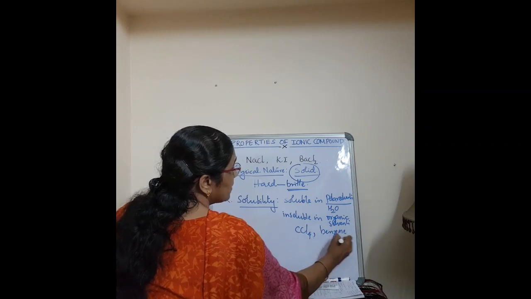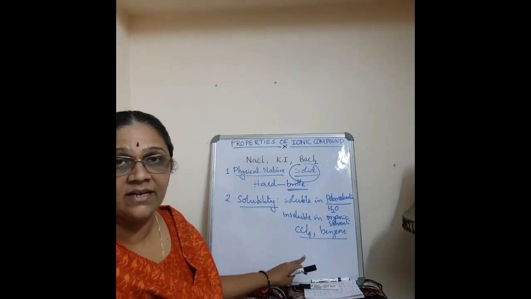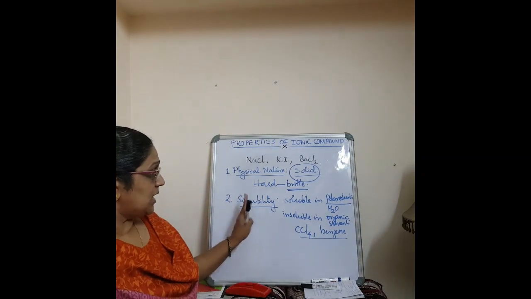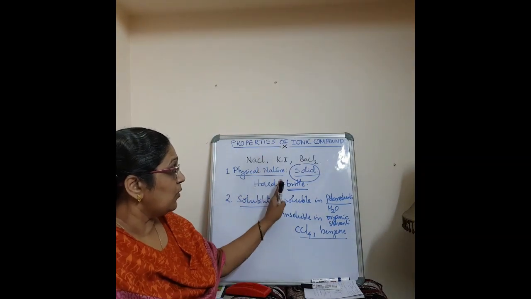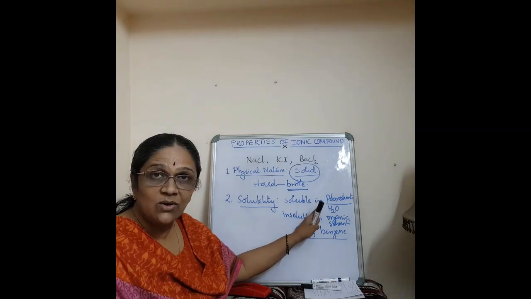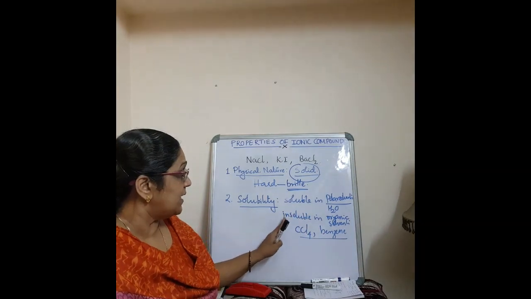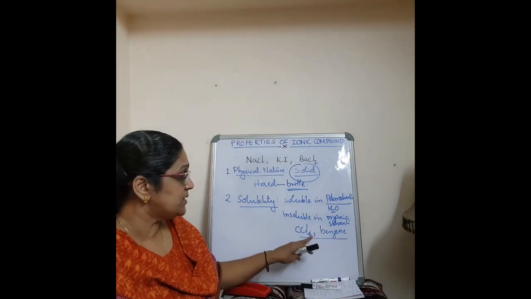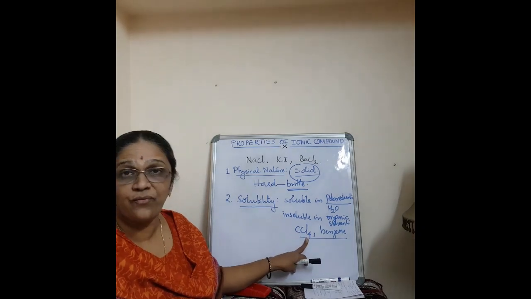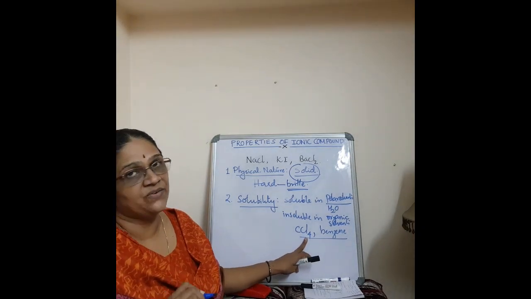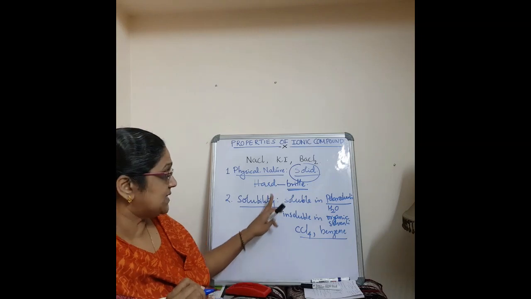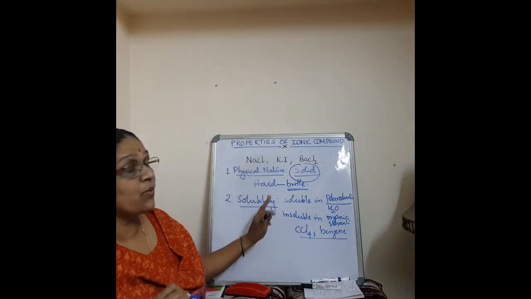Carbon compounds or carbon chemistry you will study there in detail. So generally, ionic compounds are soluble in polar solvents like water and insoluble in organic solvents like benzene or chloroform or kerosene, etc. So this is the second property of ionic compounds.